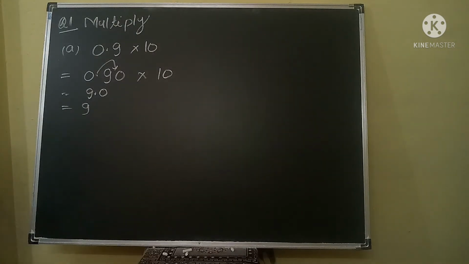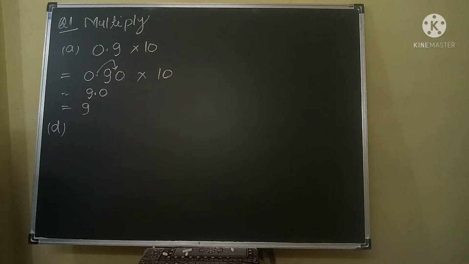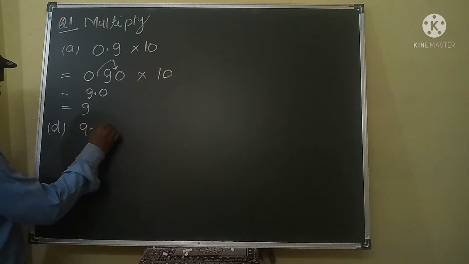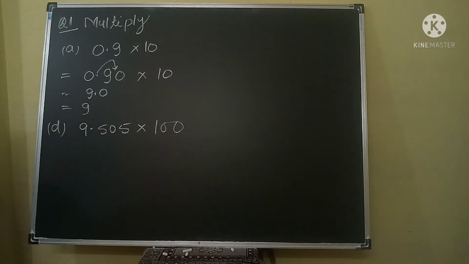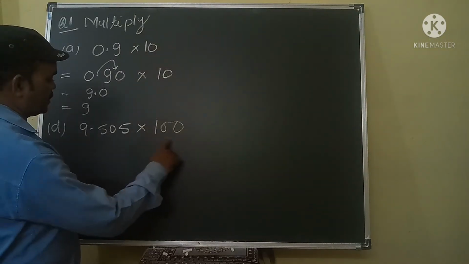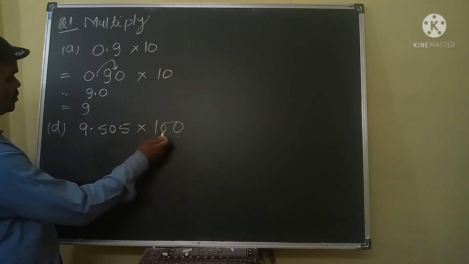Okay. In all these questions, we will apply the same procedure. Now look here. In question number 1D, 9.505 into 100. As you are looking, in 100 the number of 0s is 2. So we will move the decimal point 2 places to the right.